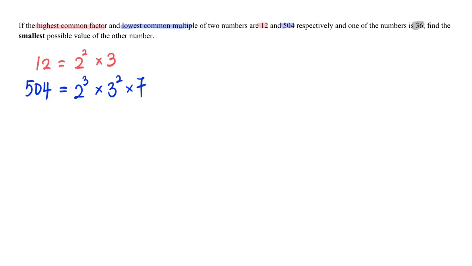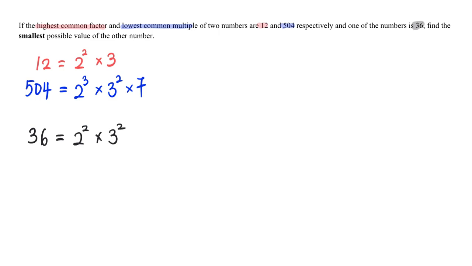Next, they give me one of the numbers as 36, so I would also express 36 as a product of its prime factors, which equals 2 power 2 times 3 power 2.